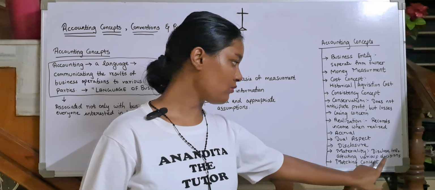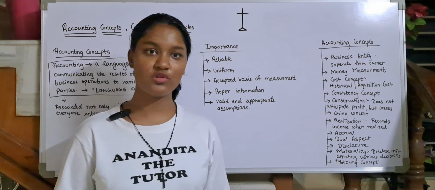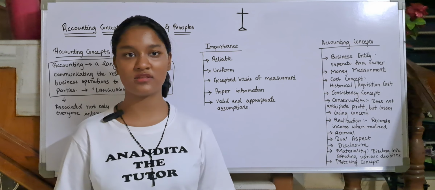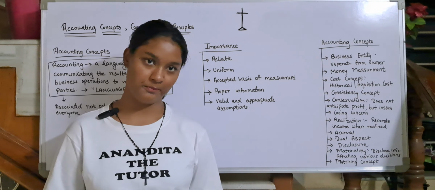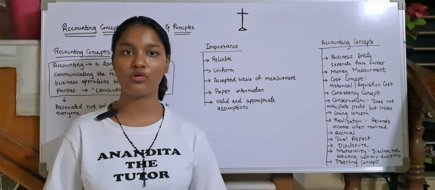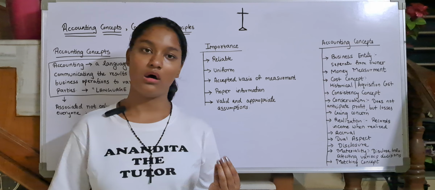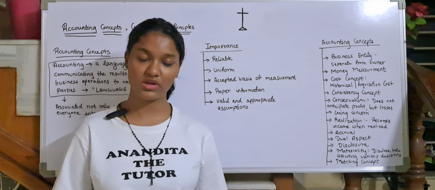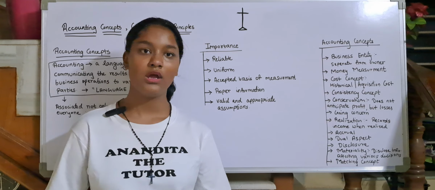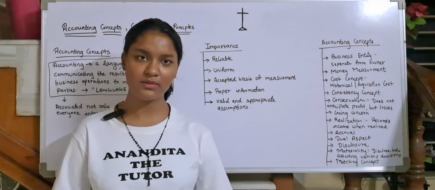Materiality. Disclose information affecting various decisions. If a matter is not affecting your business decisions, then it's okay. But if it's affecting your business decisions, then you have to disclose it 100%. Suppose, as I said, my friend has promised to pay me 10,000 rupees in the future. Is it affecting my business at the moment?